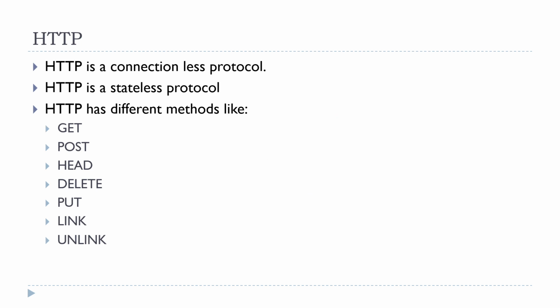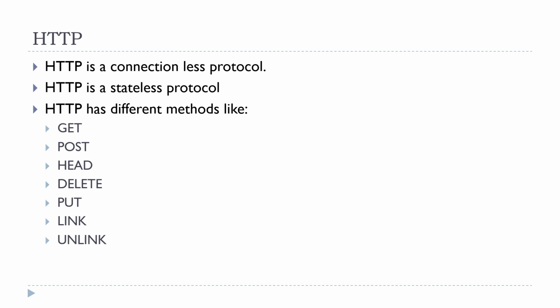Then HTTP is a stateless protocol. Stateless protocol means that HTTP will not keep track of any state information. So what do we mean by state information? The server will not remember that this is the client who had logged in with the ABC ID. The server will not relate to any of the commands that you have executed previously.